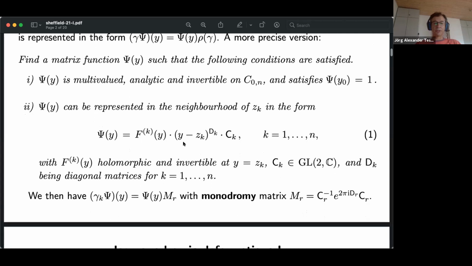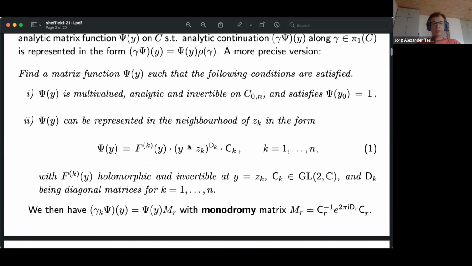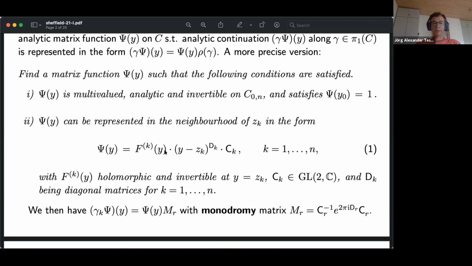All right, and then it's clear, you can basically, with the help of this form, compute the monodromy action, or the analytic continuation of psi of y along a path which goes around this point zk.